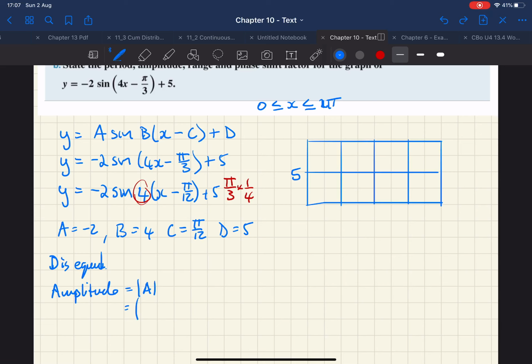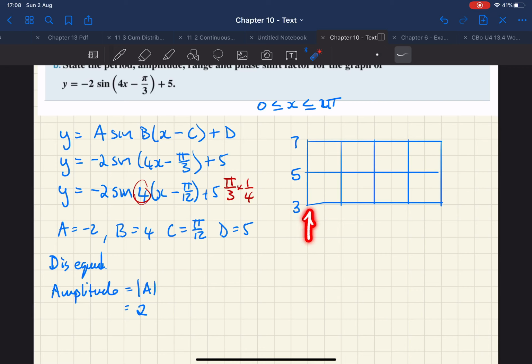Sorry, not negative 2, so that equals 2. If I add 2 to 5, it goes up to 7. If I subtract 2, it goes down to 3. So those are my values.